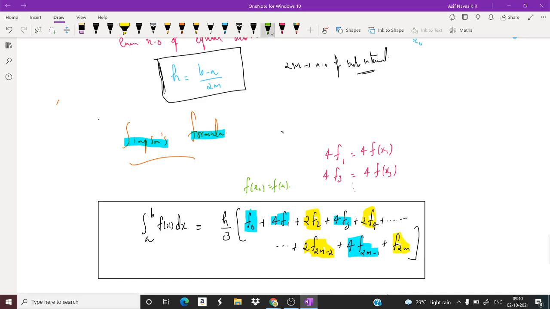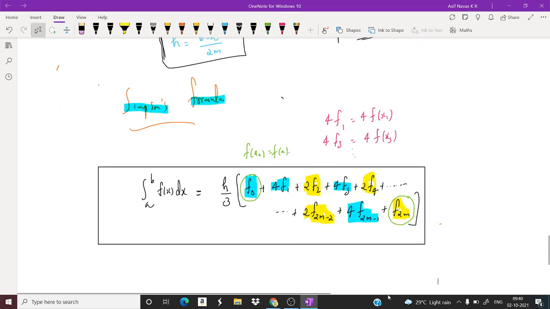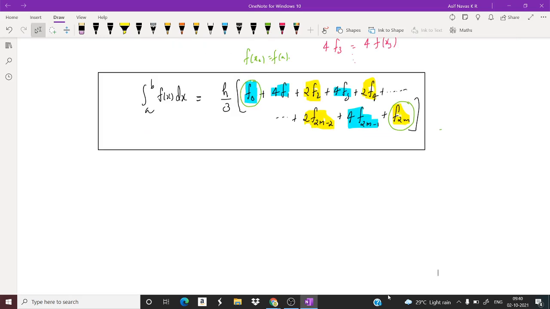The first and last terms have coefficient 1. So please note down this formula for Simpson's rule. Now we will do a problem.